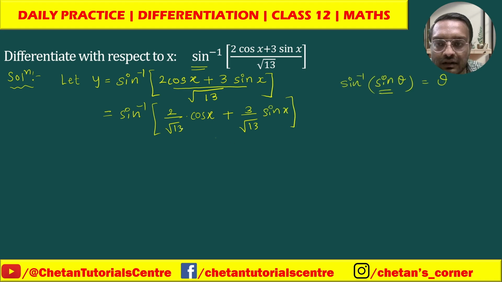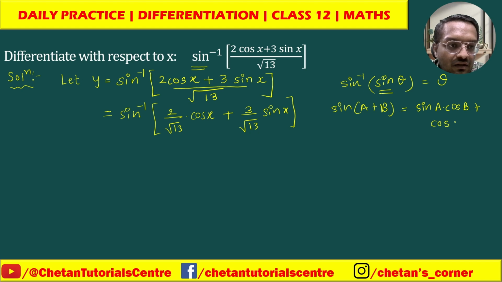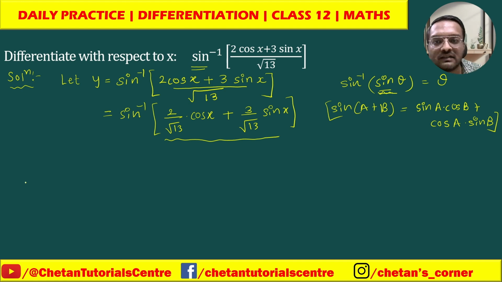We all know that sine of (a plus b) is equal to sine a into cos b plus cos a into sine of b. Now we will use this formula to convert this function into a function of sine.